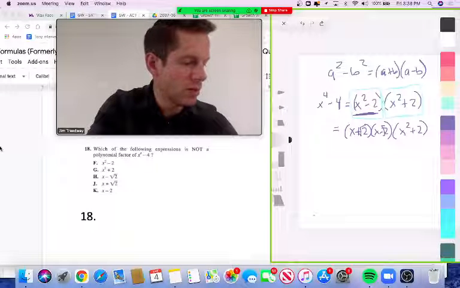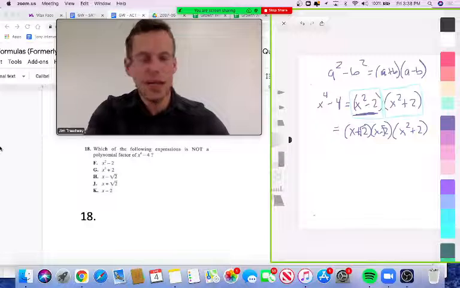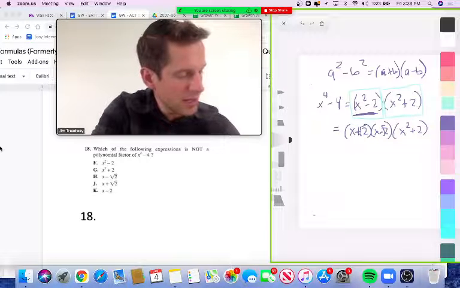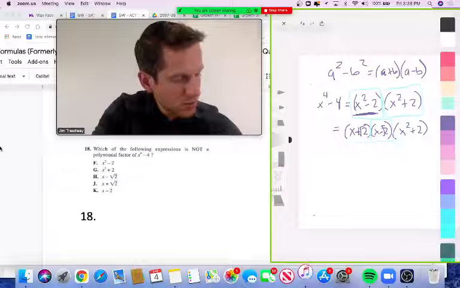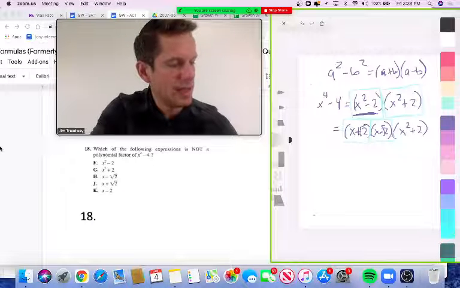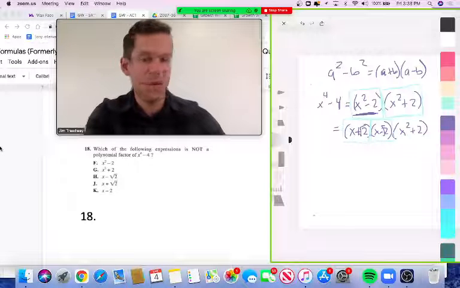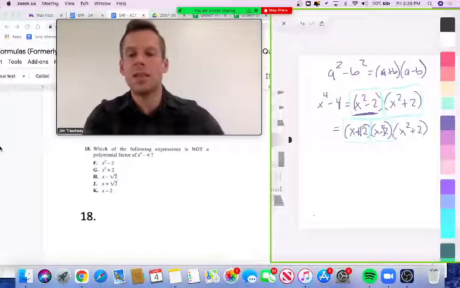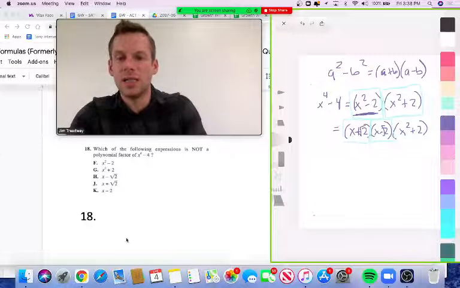Because it's the square root of 2 times itself, which gets you 2. All right, x minus the square root of 2, yep, that is a factor. x plus the square root of 2, also a factor. But x minus 2 itself, not one of the factors. So the answer on question 18 is K. And you'd get that just by recognizing that it's a difference of two squares, actually.